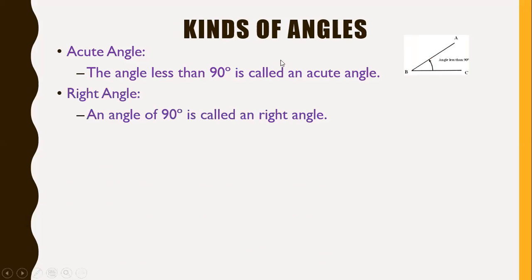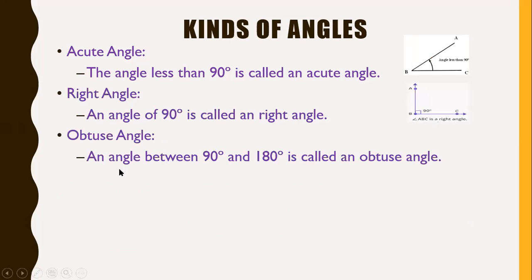Okay. Now, what is a right angle? Here you can see the diagram. From the diagram, it is clear that when the angle is of 90 degree, it is called a right angle. Okay? Obtuse angle. Now let's see the diagram. Here you can see that this is 90 degree.